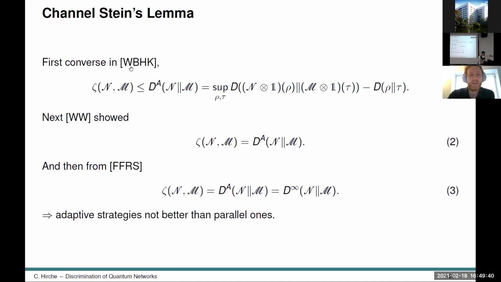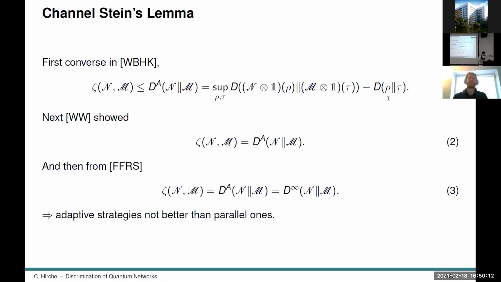And first, it was shown by Wilde et al. that the error exponent in this case is actually upper bounded by the amortized channel relative entropy, which is here in equation 1. And for this quantity, you take the supremum over 2 different input states to the channels, but then you have to subtract the discrimination power you get from choosing different input states.